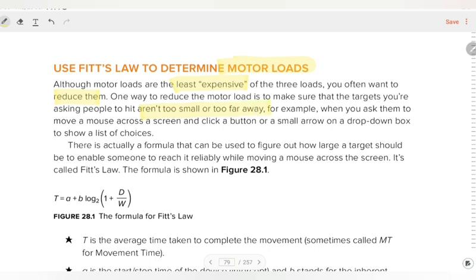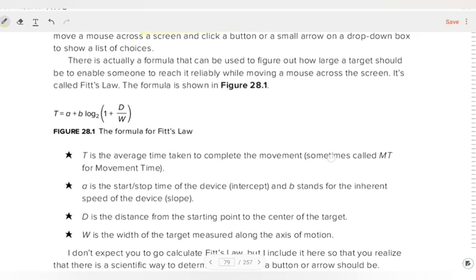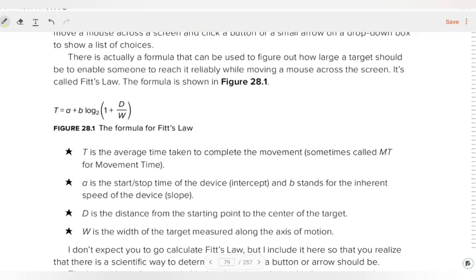For example, when you ask them to move a mouse across a screen and click a button, or a small arrow on a drop-down box to show a list of choices. There is actually a formula that can be used to figure out how large a target should be to enable someone to reach it reliably when moving a mouse across the screen. It's called Fitts's law.